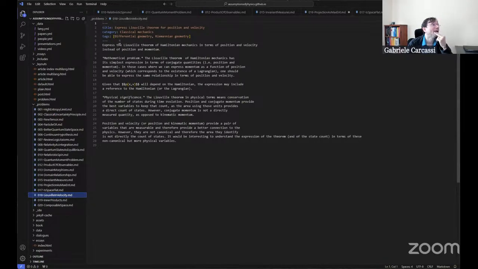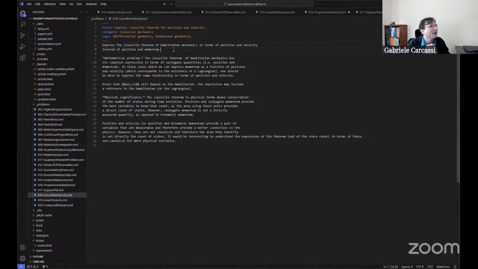So we have the Liouville theorem in Hamiltonian mechanics, which tells you that volumes of position and momentum are conserved. And so I'd like to express that same theorem in terms of position and velocity instead of position and momentum. So what happens to area of position and velocity, or what is the analog of the thing that we're doing there?